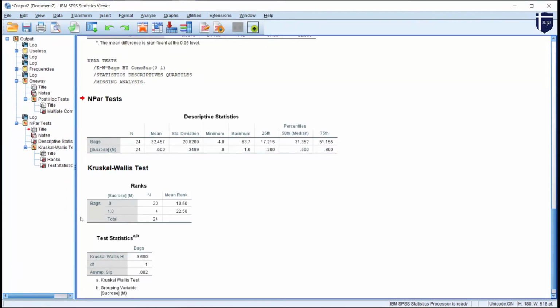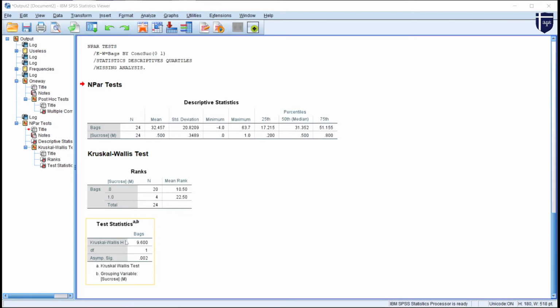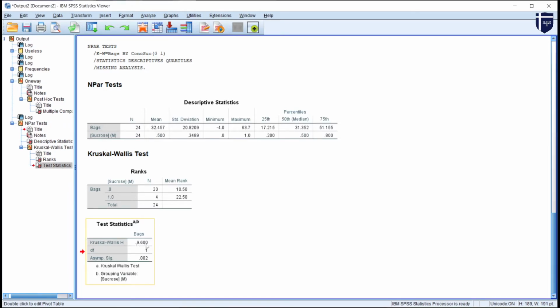And there it is. This is the most important thing we've run so far. Going back to our hypothesis, the change in mass between sucrose concentration is significantly different, is what was tested. So you look down here at test statistics, and it says this was the H value, 9.6.